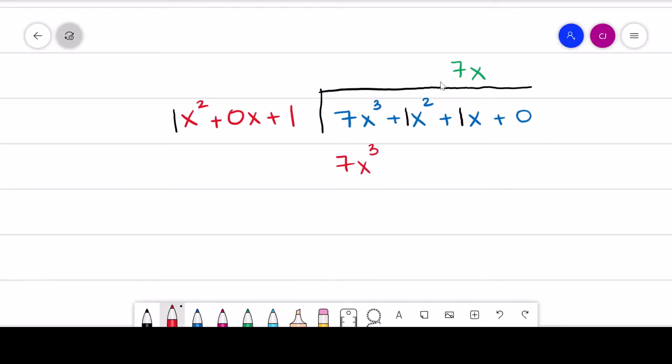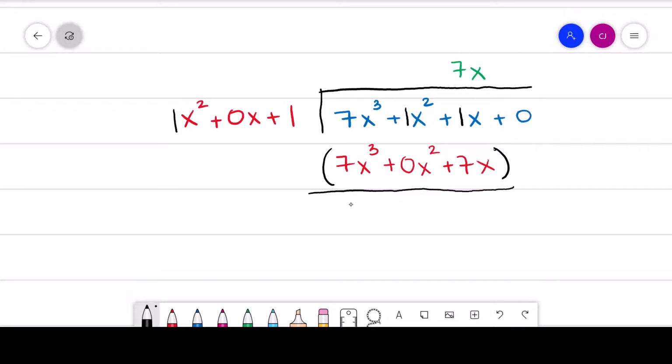I'm going to take 7x times 0x, which is then going to give me 0x to the second. And then I'm going to take 7x and multiply it with 1, which is going to give me 7x. So once you get to this point, the next thing that you want to do is subtract.